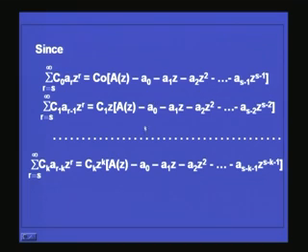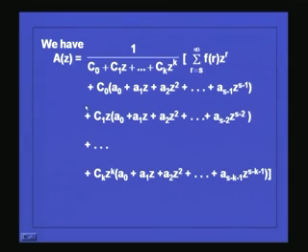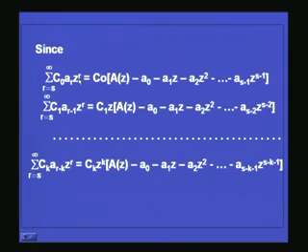Having written the left hand side like this, and then adding all these things and equating to the right hand side, you get A(z) times (C naught plus C1 z plus up to C_k z^k). On the right hand side you have the sum from r equals s to infinity of f_r z^r, but these terms, when they are brought into the right hand side, will become plus.